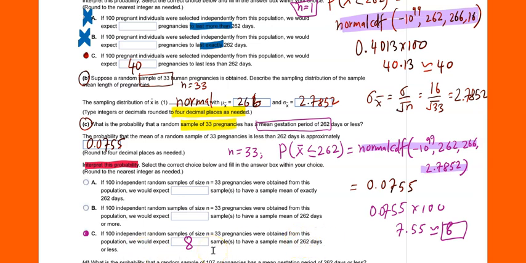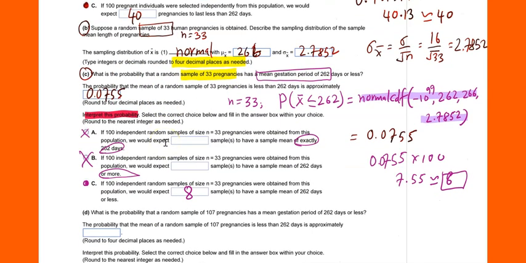B is incorrect because it says days or more. A is incorrect, it says exactly 262 days. No, this is less than or equal to 262 days. That's part C.